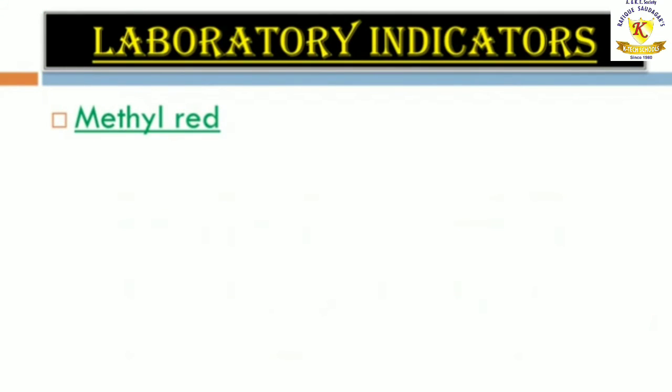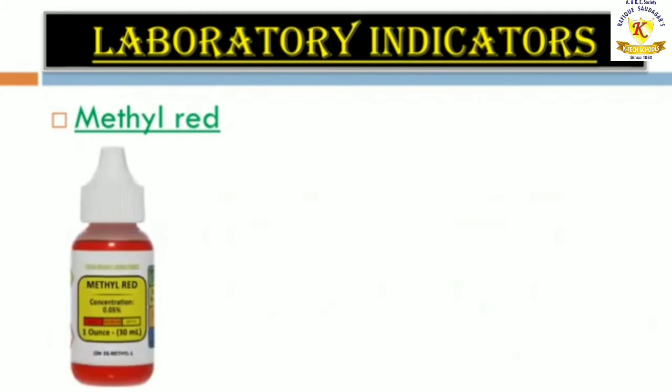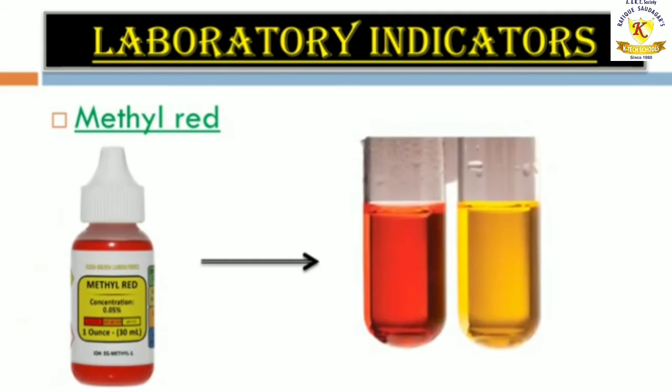Now the next indicator we have is methyl red. When we add this methyl red indicator to a solution and the solution turns red in color, that solution is acid or acidic in nature.